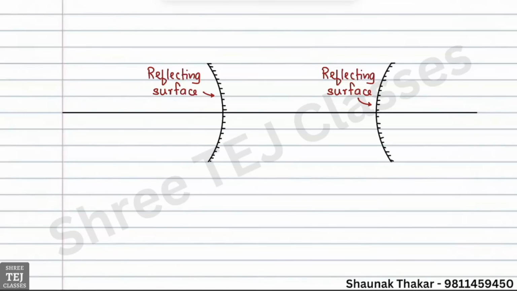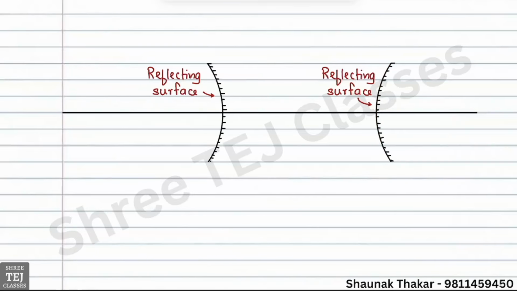As you can see in the diagram, we have one mirror whose reflecting surface is curved inwards. If this is the surface, this part is reflecting and the part behind is non-reflecting. The other type has a reflecting surface curved outwards.